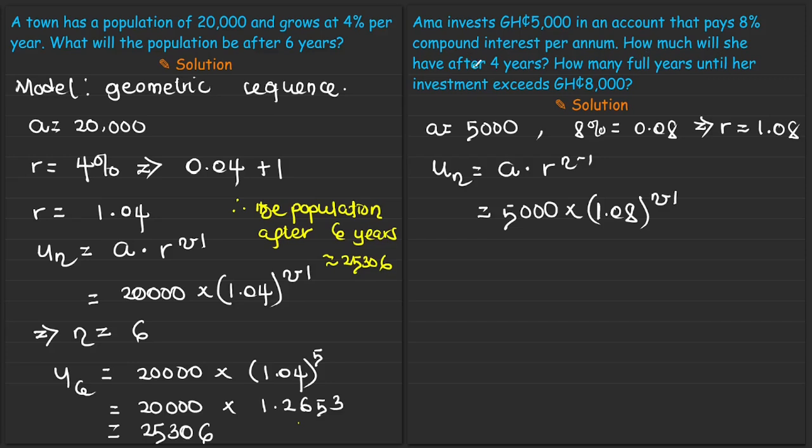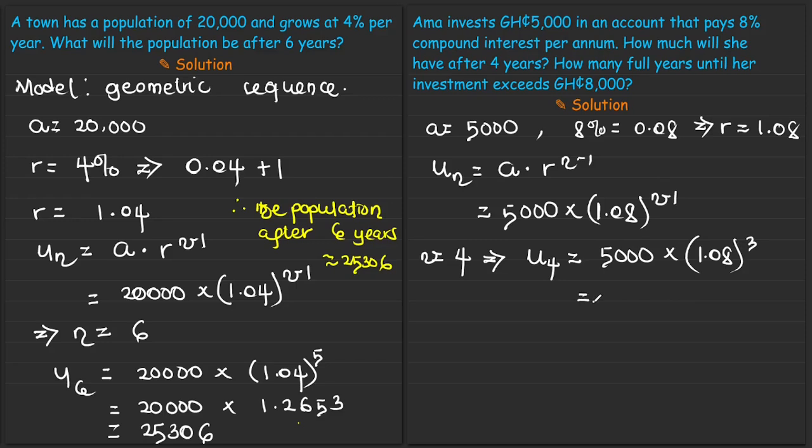Now, how much will she have after 4 years? After 4 years, it simply implies our N is what? 4. So if N is equal to 4, then our U4, that is the fourth term, is going to give us 5,000 times 1.08 all to the power 4 minus 1, which gives us a 3.